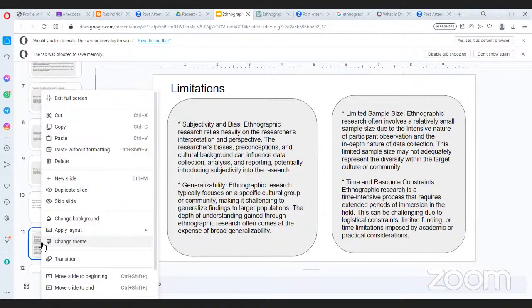Now, generalization is very, very important in quantitative research. Also, in some qualitative research this is important, but this generalization becomes difficult in ethnographic research. Why? Because ethnographic research focuses on a specific cultural group or community.